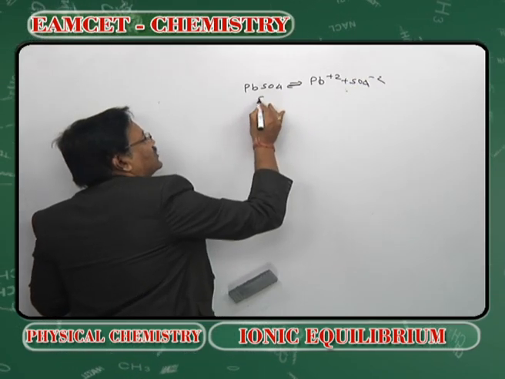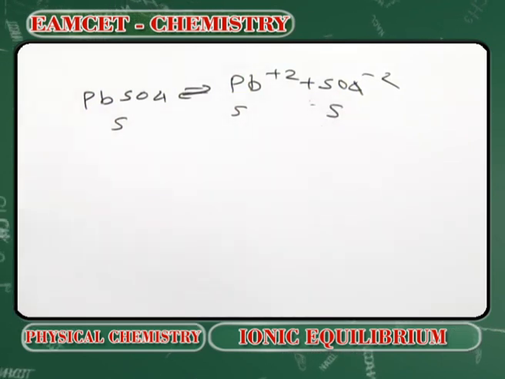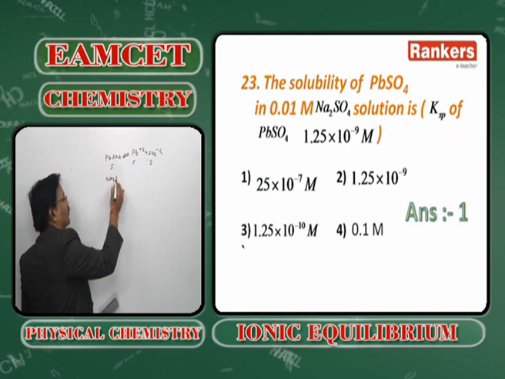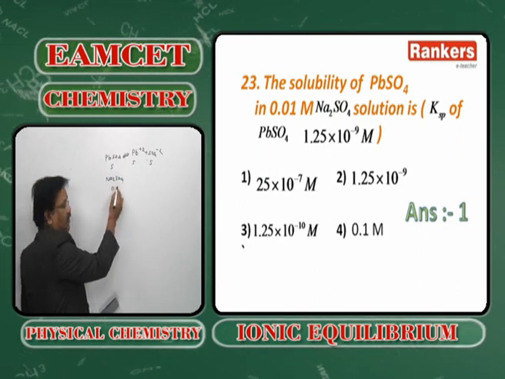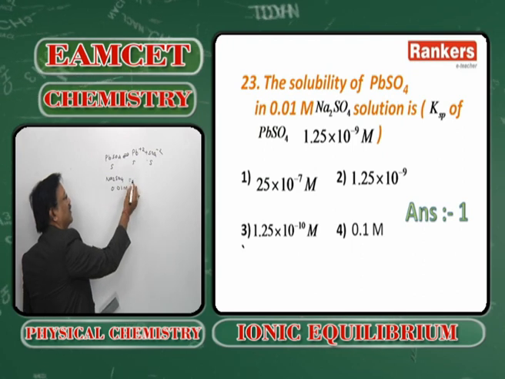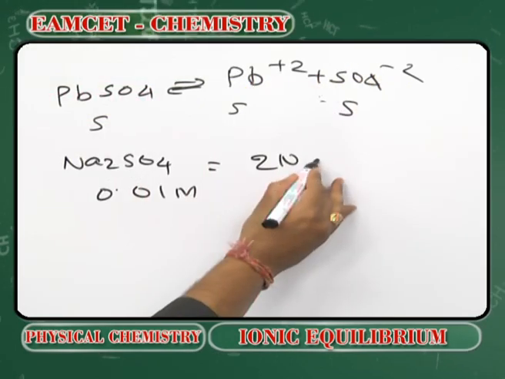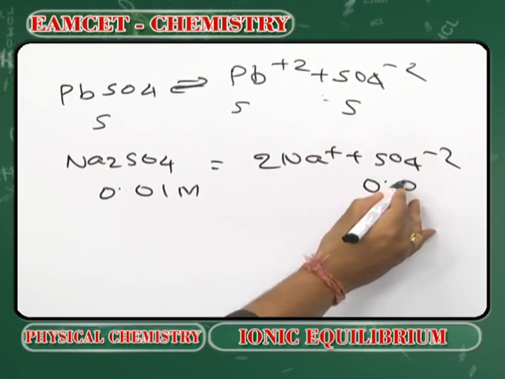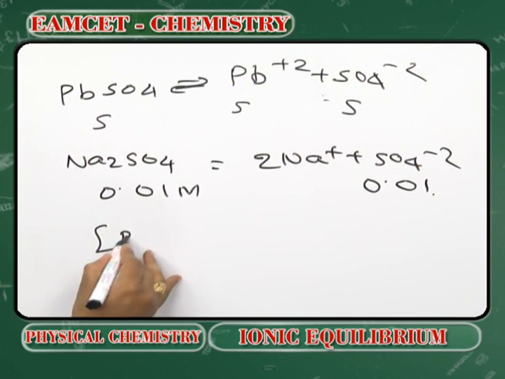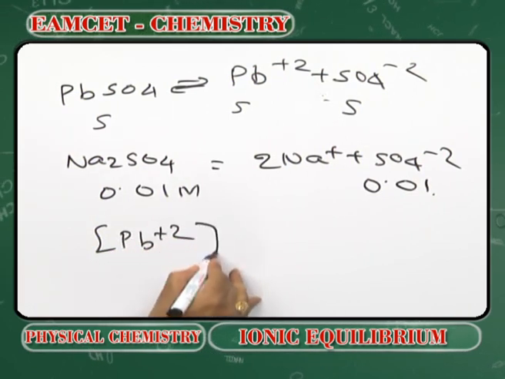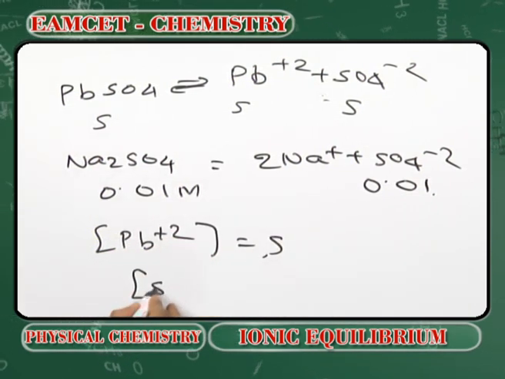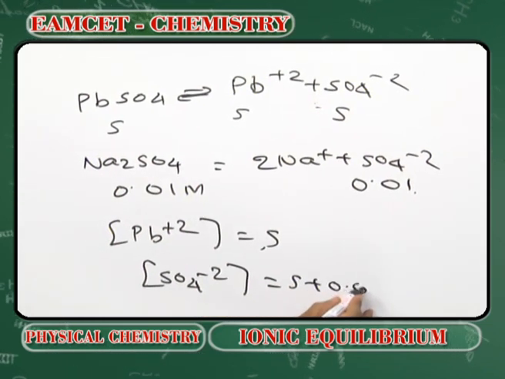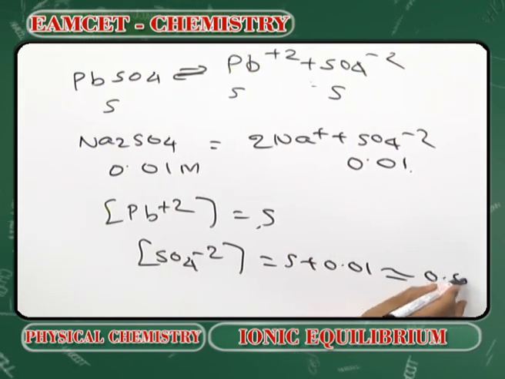What is the concentration here? S and S. In presence of Na2SO4, 0.01 molar, it gives 2Na plus and SO4 minus 2, 0.01 molar. So Pb plus 2 concentration is equal to S and SO4 minus 2 concentration is equal to S plus 0.01, which can be written as 0.01.